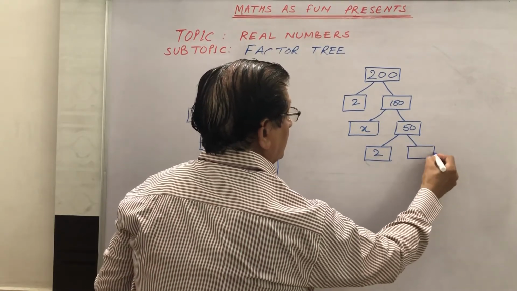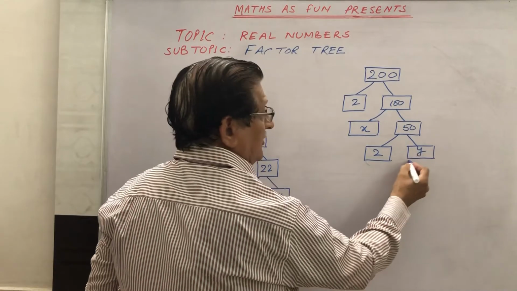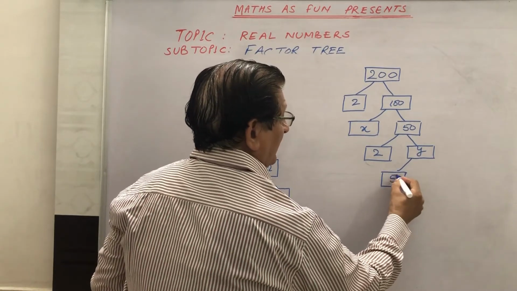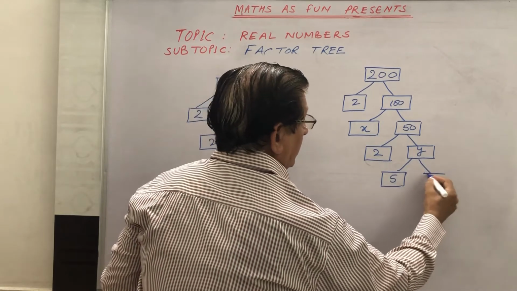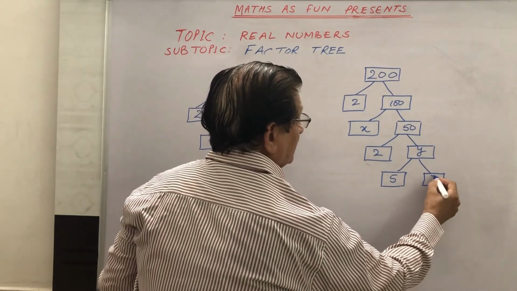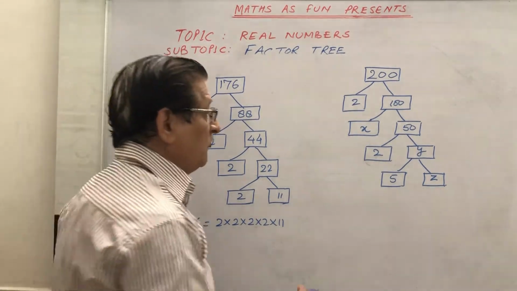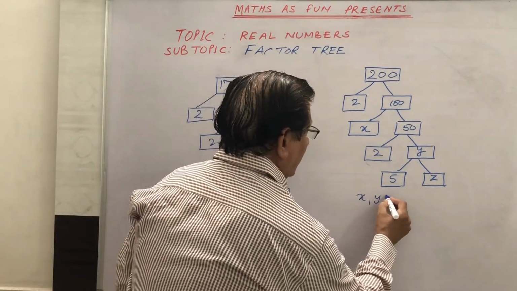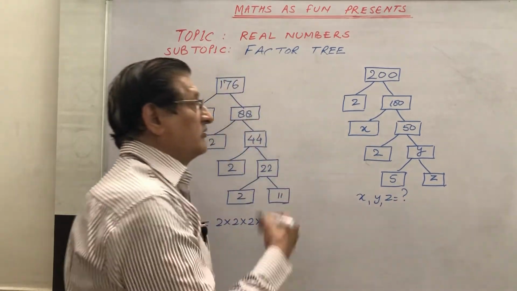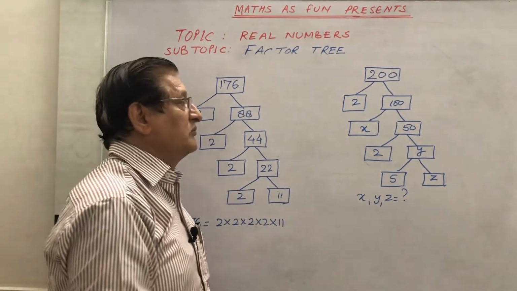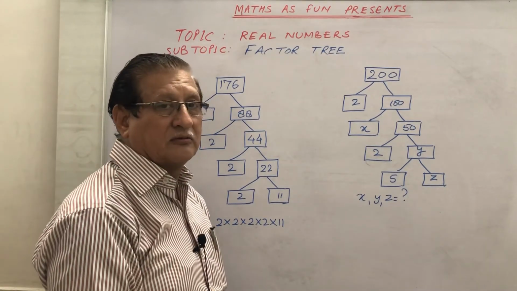Here nothing is given, suppose Y. Then you are given 5, and here you are not given anything, suppose Z. Then you have to find the values of X, Y and Z. A factor tree has been given to you and you are asked to find the unknown numbers in it, that is X, Y and Z.